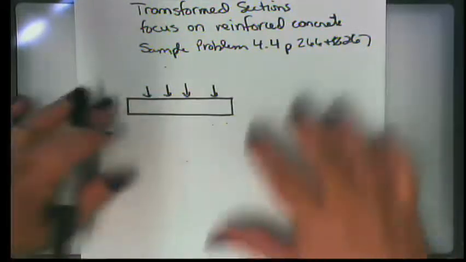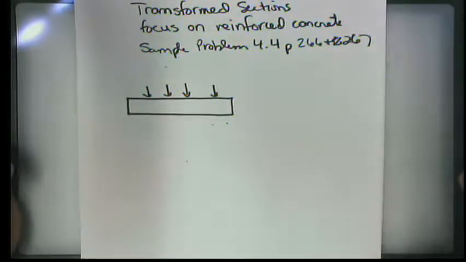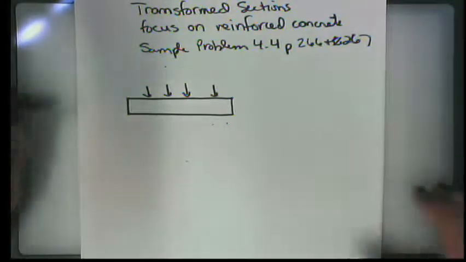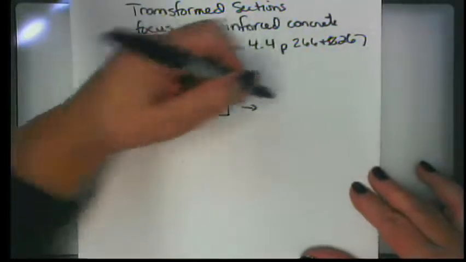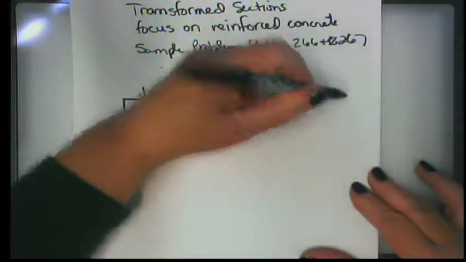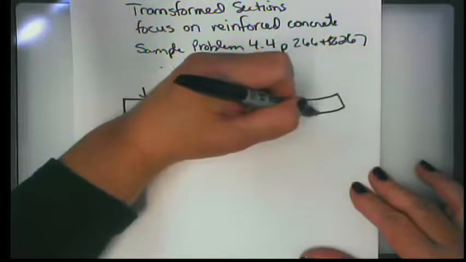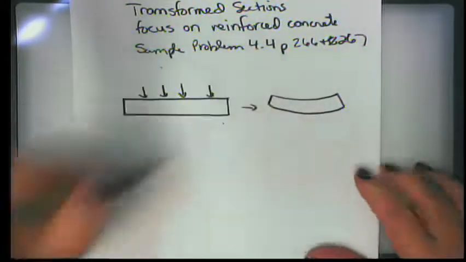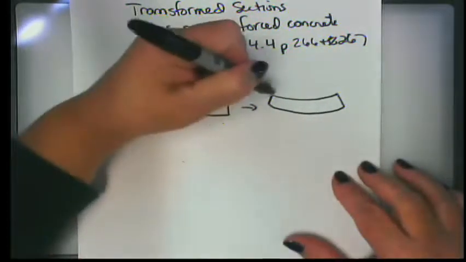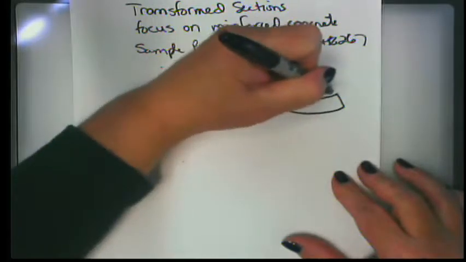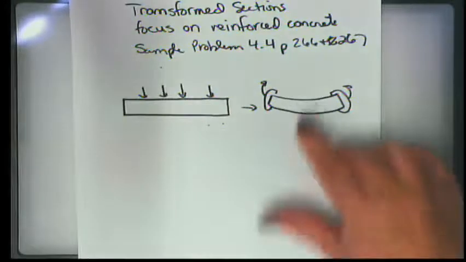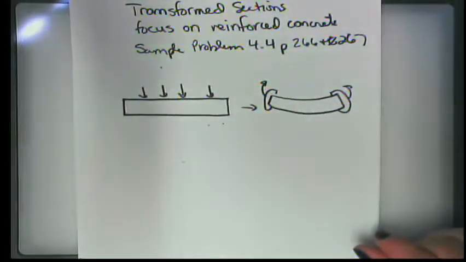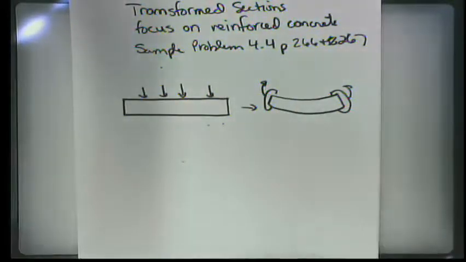In other words, if you were in a shop, you may have trucks on top of it. If you're in a Quonset hut, maybe you're laying grain or some other type of commodity on top of it. And what that does is it tends to make the concrete slab bend like this. So in other words, we have some sort of a moment as though we had a C-clamp and we were bending it upward into this sort of configuration.